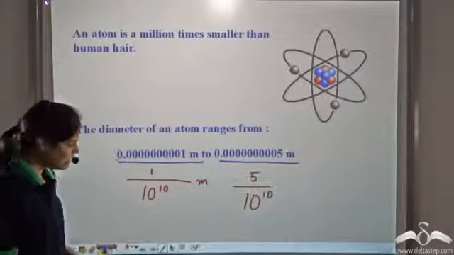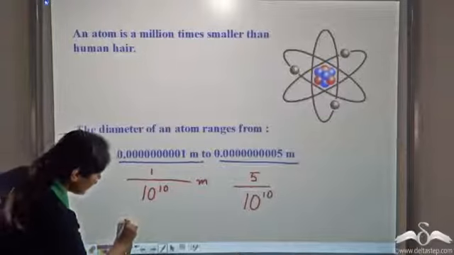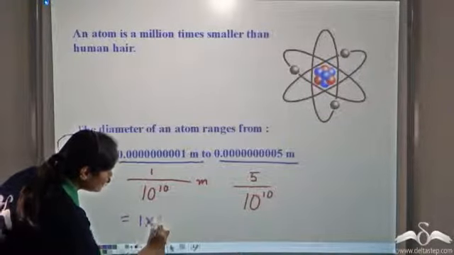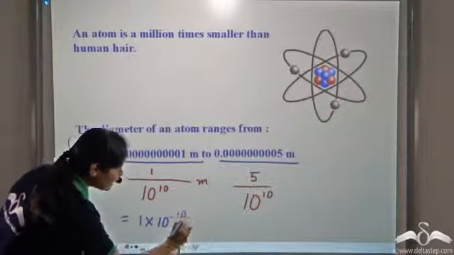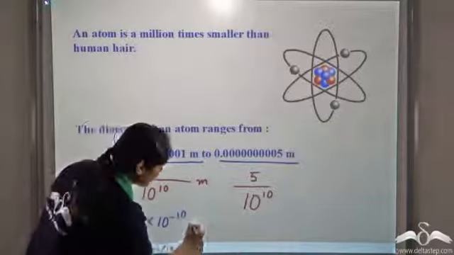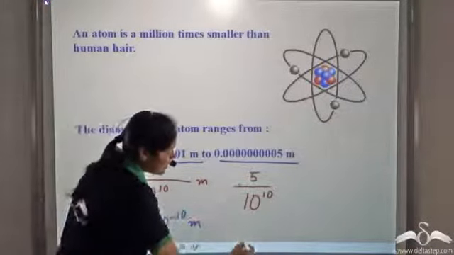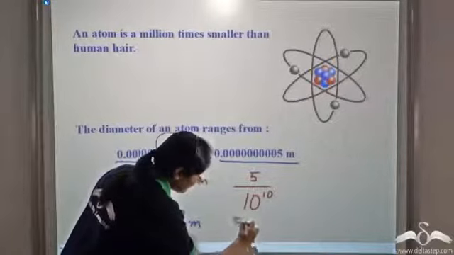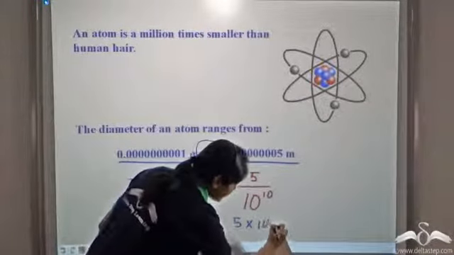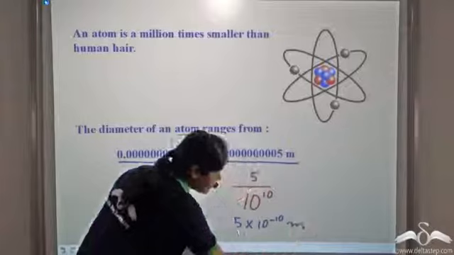Using negative exponents, we can write it as 1 into 10 to the power negative 10 meters. And we can write this as 5 into 10 to the power negative 10 meters.